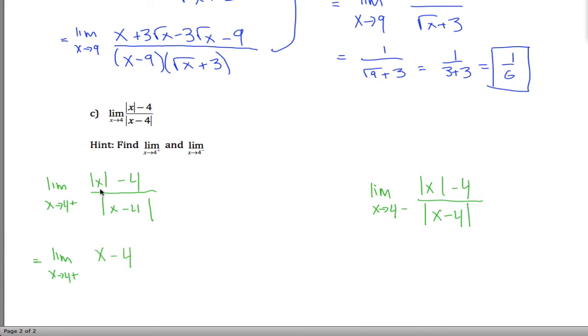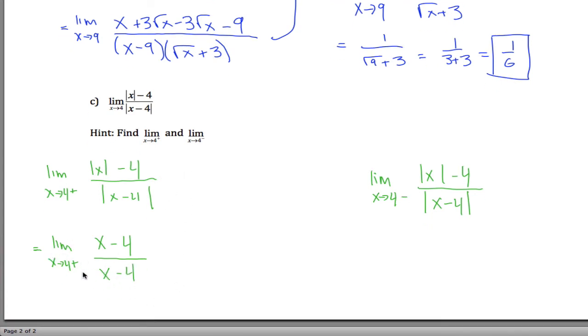If I have a value bigger than 4, it's certainly positive, and absolute value doesn't do anything to a positive number. Down here on the bottom, if my value of x is a little bit bigger than 4, something a little bit bigger than 4 minus 4 is still a positive number. This thing down here is a positive number. So these absolute value signs aren't doing anything either. So I don't need to write them.